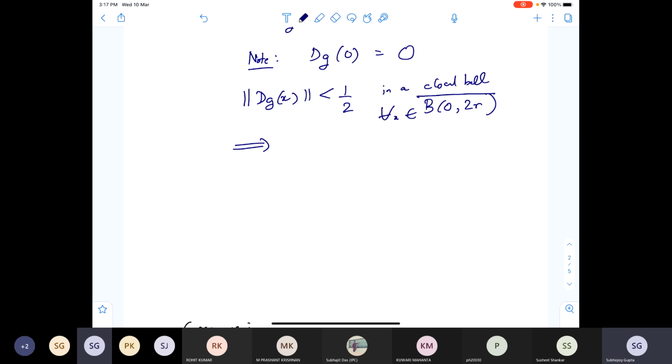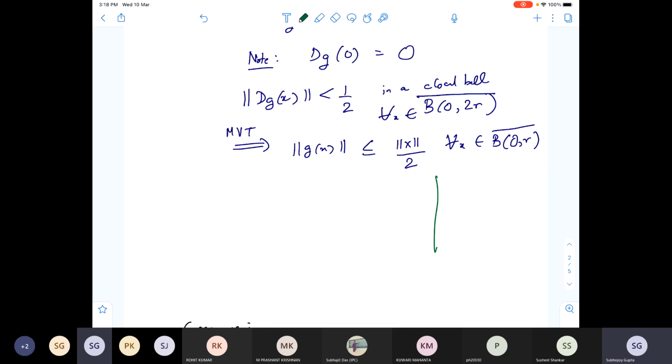This implies by the mean value theorem that the norm of g of x is less than the norm of x over 2, for all x in a smaller closed ball. What does the mean value theorem say?